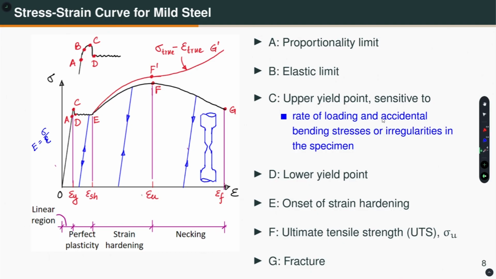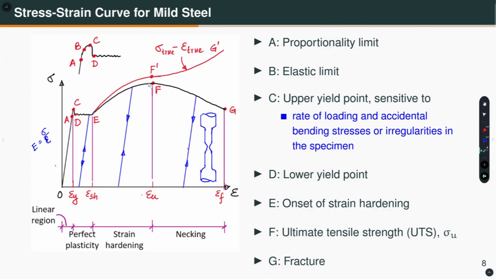At point E, the material starts to take more and more load. There are changes in the internal atomic characteristics of the material. The material continues to take more load, and eventually it comes to the ultimate stress, which we call the ultimate tensile strength and denote by sigma u at point F.